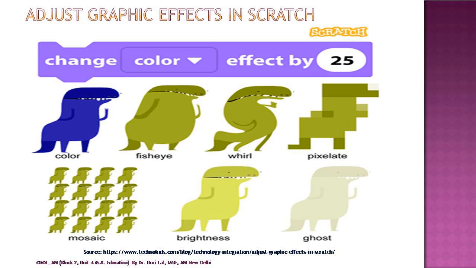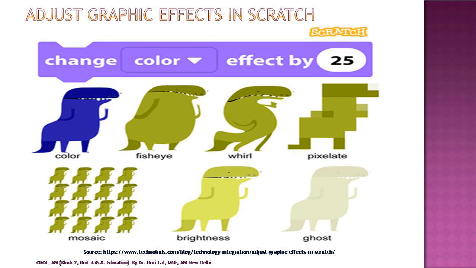In whirl, we can twist the shape of the sprite. In pixelate, we can divide the sprite into colored squares. And in mosaic, we can display multiple copies of the sprite in an array pattern, such as 4 by 4, 3 by 4, 6 by 6.